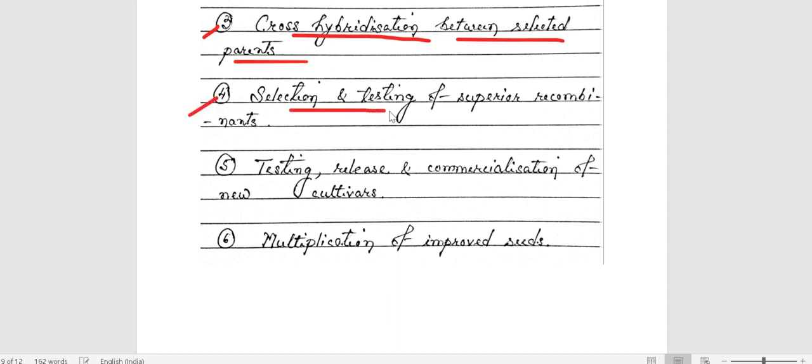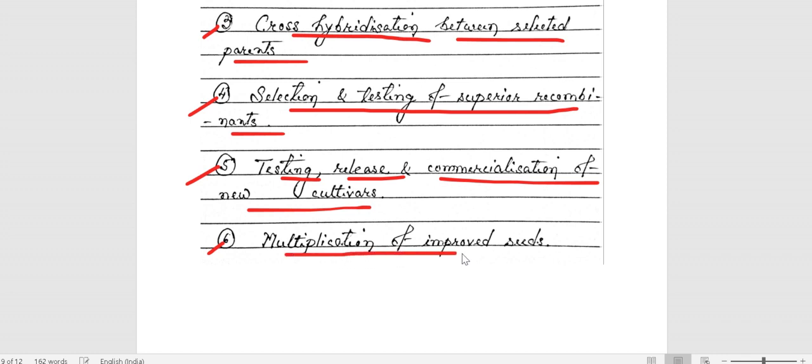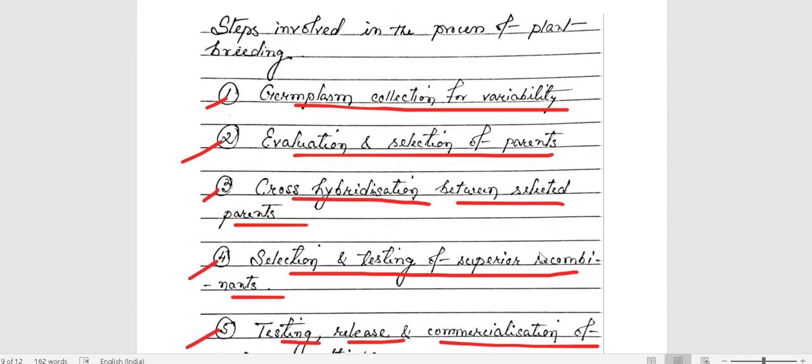Fourth step, selection and testing of superior recombinants. Fifth step, testing, release and commercialization of new cultivars. And sixth or last step, multiplication of improved seeds. So these are the sequential steps involved in the process of plant breeding.